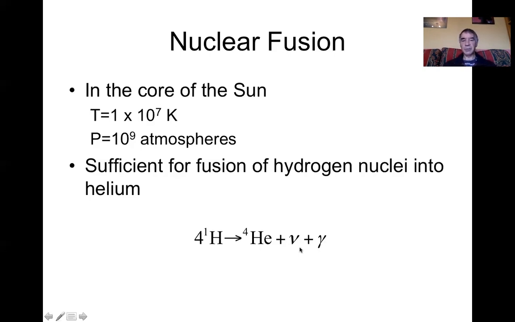It's not part of this module, but we have detected solar neutrinos here on the Earth, and it gives us a very good insight into the center of the sun, because neutrinos interact extremely weakly with matter and just come streaming straight out of the center of the sun, and we can detect them here on the Earth. But that's not really what we're concerned with in this module.